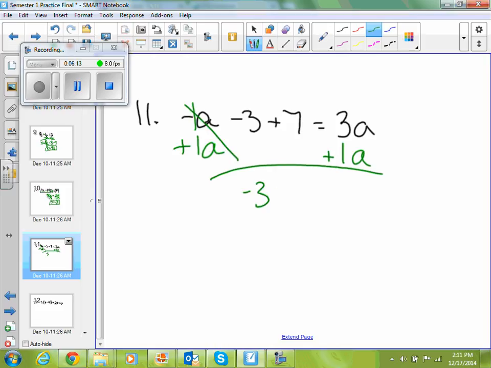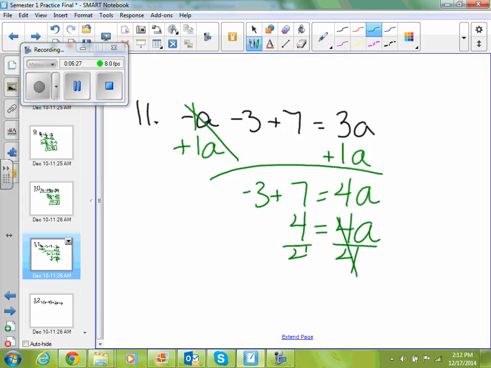Okay, so negative 3 plus 7 equals 4, and 3 plus 1 is 4a. Okay, what's negative 3 plus 7? Okay, so 4 equals 4a. So Connie, what do I do last? Divide it. Okay, so Connie, what does a equal? Yay! Alright, Taylor, you want to help me out with number 12?